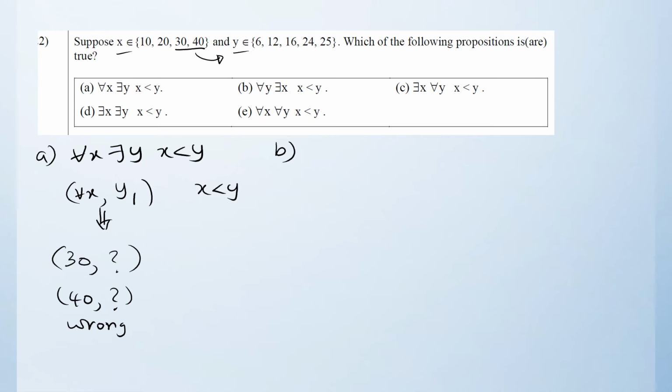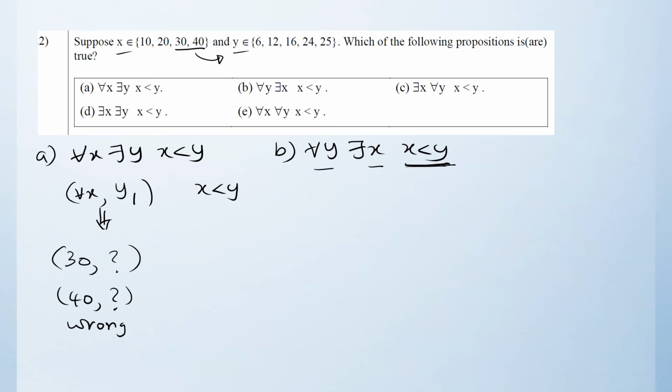Part B. For all y there exists x, x less than y. This means for all y there exists at least one x which satisfies this relation.